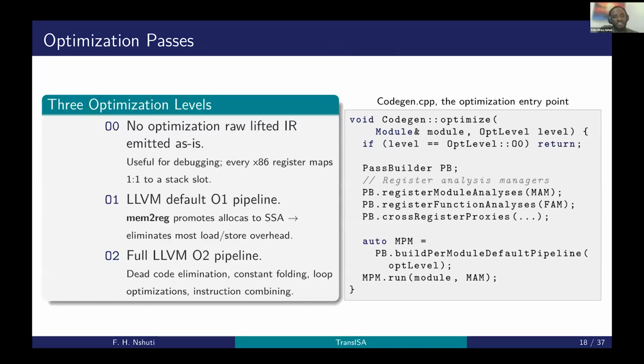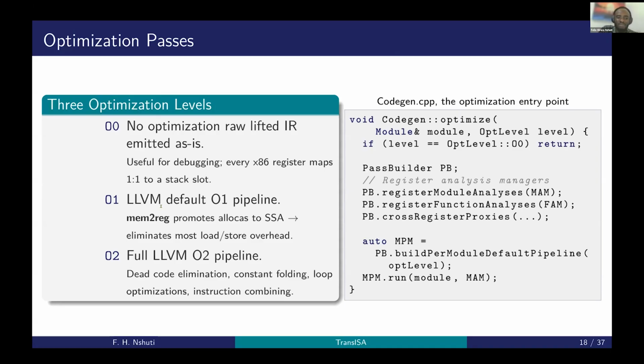So generally at the intermediate representation, we have 3 optimization levels, where O0 is no optimization. We've seen that we have 1 stack slot that is simulating every register. Then we have O1, which is the LLVM O1 pipeline.